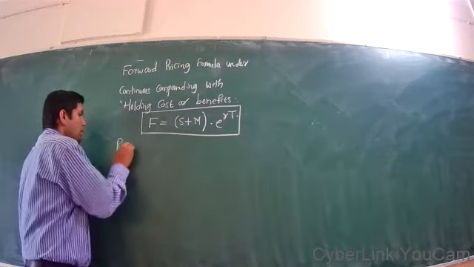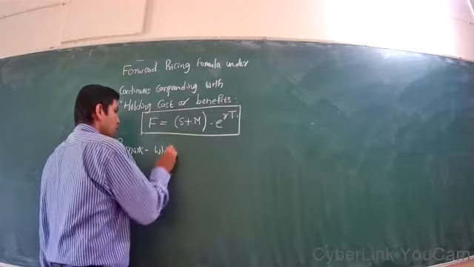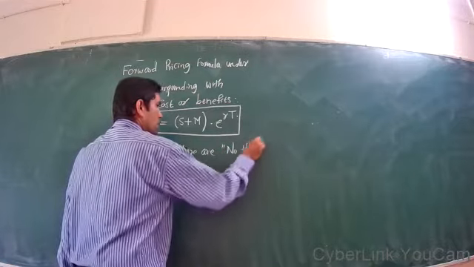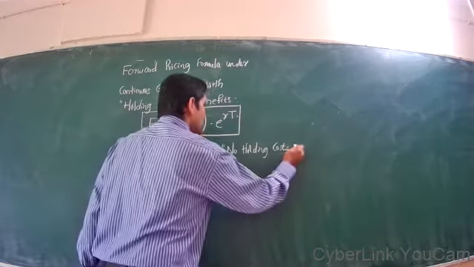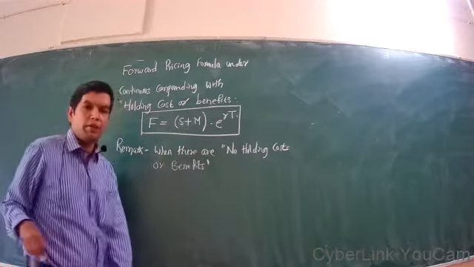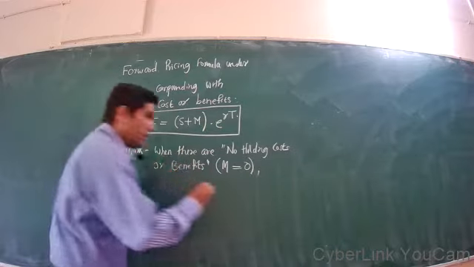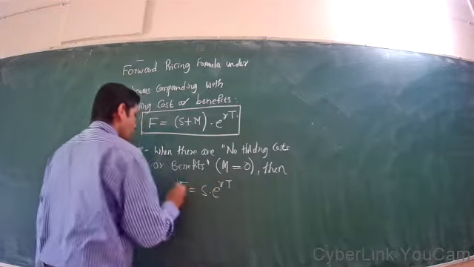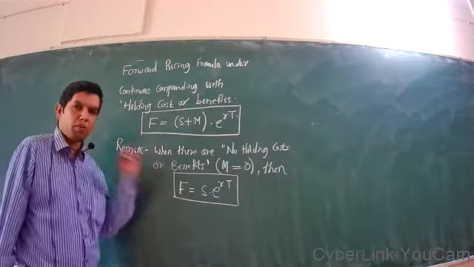Let me give one remark now. When there are no holding cost or benefits, that is M equals 0, then F equals S into e raised to RT, and we have solved many examples based on this formula.